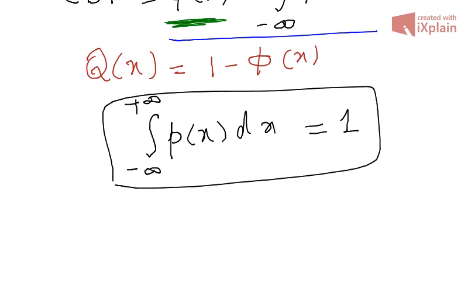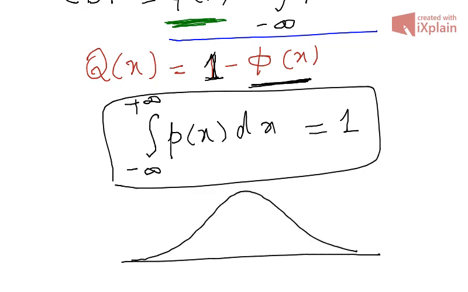This is the area under the whole PDF curve. So if you subtract the area given by phi of x, the CDF, you would be left with the area towards the right. So if you have a bell-shaped curve and you subtract this area from 1, you will be left with the area towards the right of this point x.